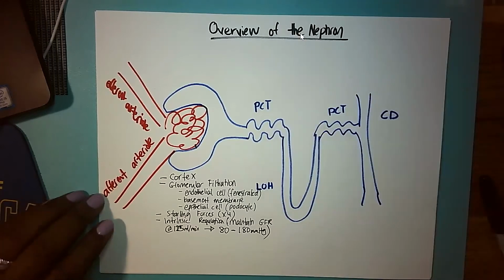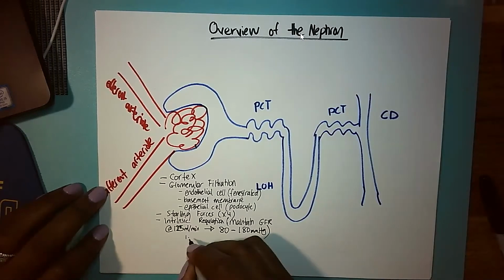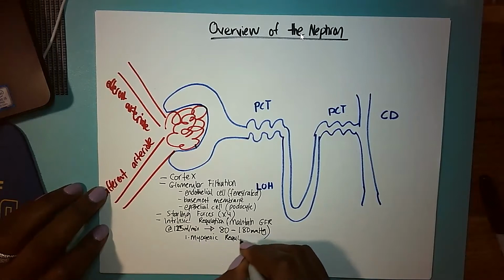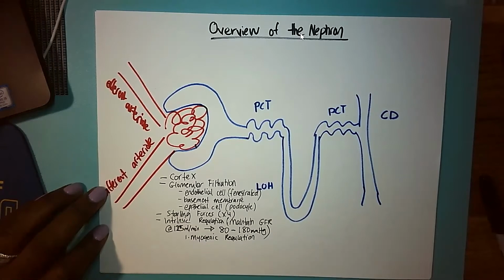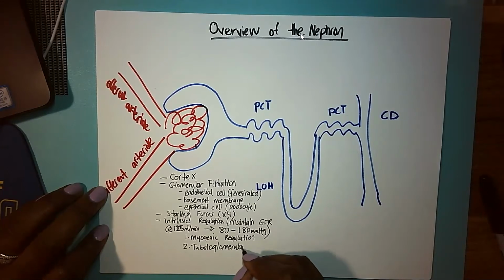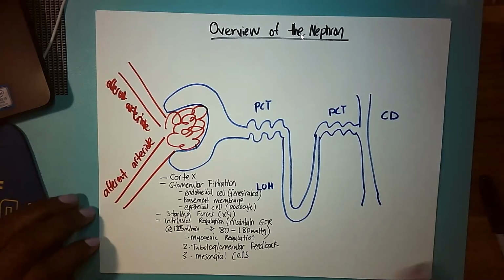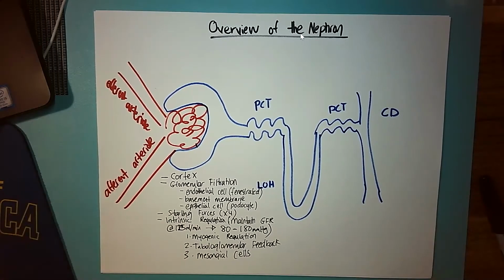Okay. And just to describe those mechanisms, we had myogenic regulation, we had tubulo-glomerular feedback, and we had the mesangial cells. We also mentioned that there was extrinsic regulation.